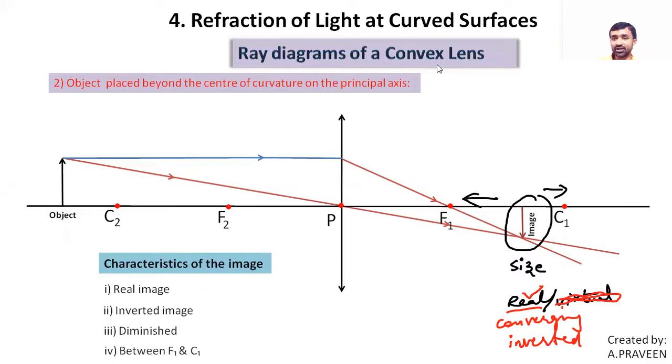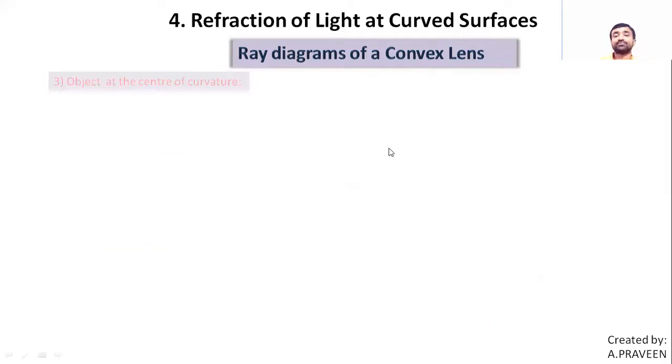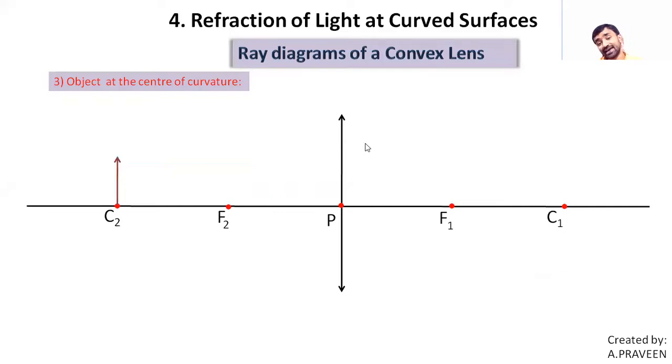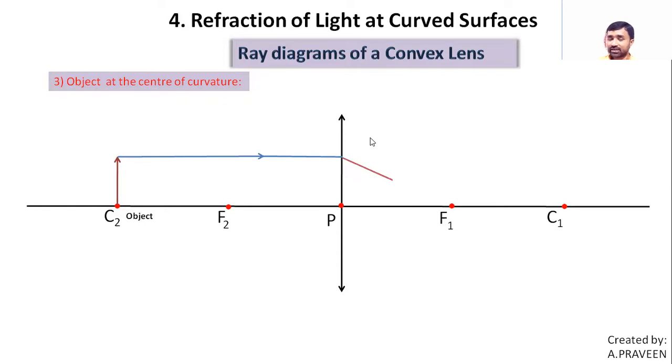The next position is exactly on the center of curvature, at C2. The same process I am following. Let us place the object exactly on the center of curvature using the height width of the scale. Then draw the parallel light ray from the top of the object. Then the second ray passing through the optic center, whose behavior you already know.